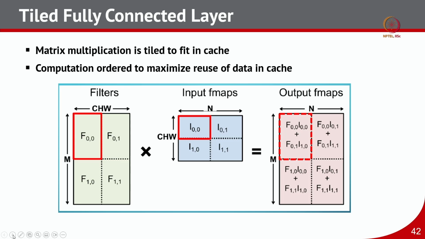If you do this calculation, 8K by 8K is like 64 into 10 to the power 6. That's 64 M elements. Now 64 M multiplied by 4 bytes is like 256 MB. Now there are two matrices, 256 multiplied by 2 is 512 MB, right? So almost 1 GB, right?